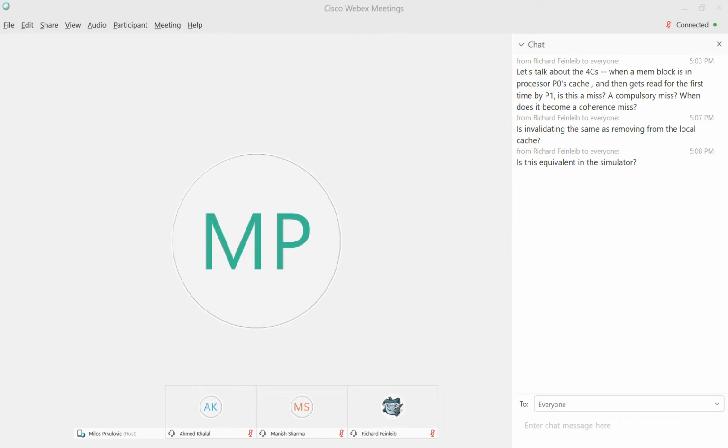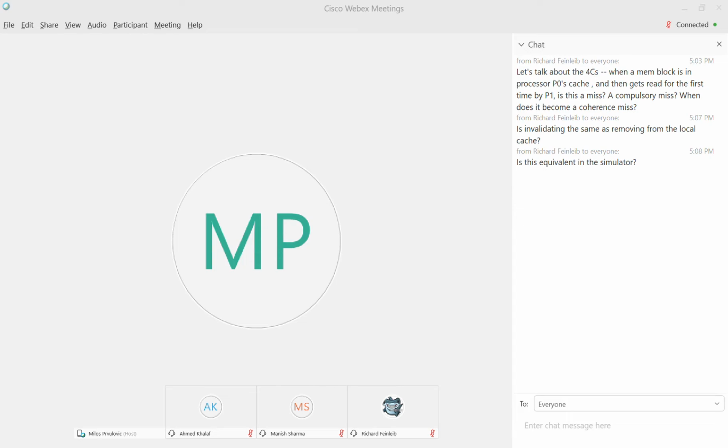Unfortunately, for our project 3, that creates a problem. What this does is prevent us from simply matching whether something is a coherence miss or not. Normally, we would say, okay, if the thing is in an invalid state but has a matching tag, then we are having a coherence miss.